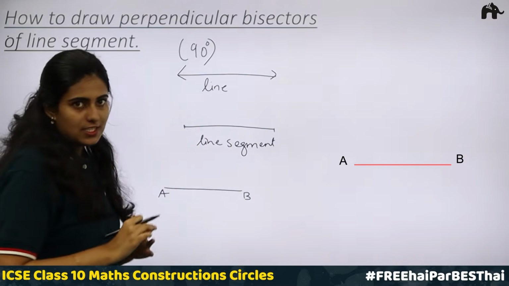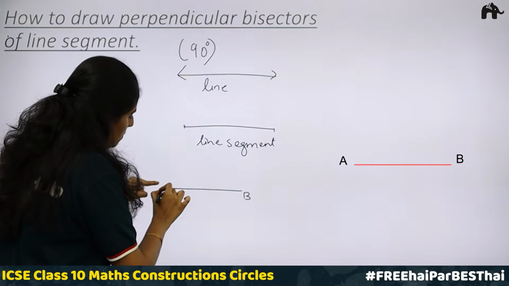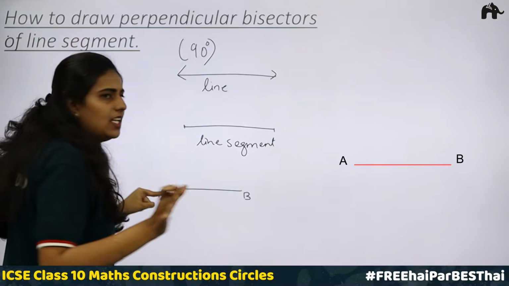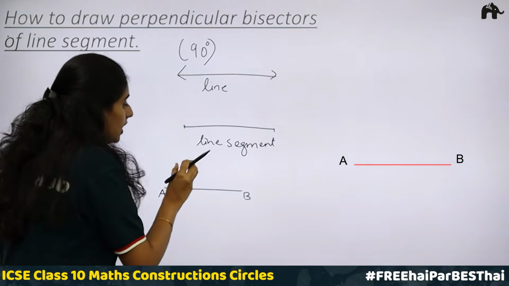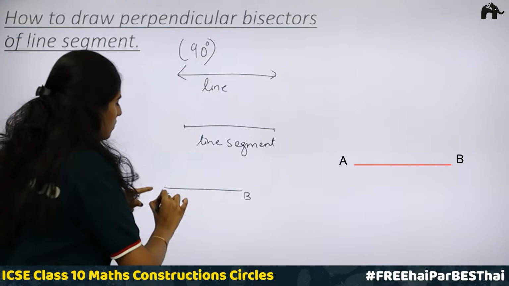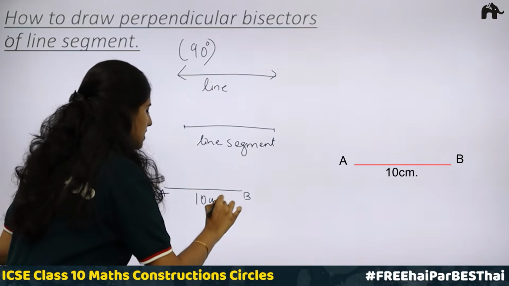First thing to do is take the compass and keep the compass at this point A as center and with any radius. It is not necessary that we have to take a fixed value to draw a perpendicular bisector. Now, let us take AB as 10 centimeter.